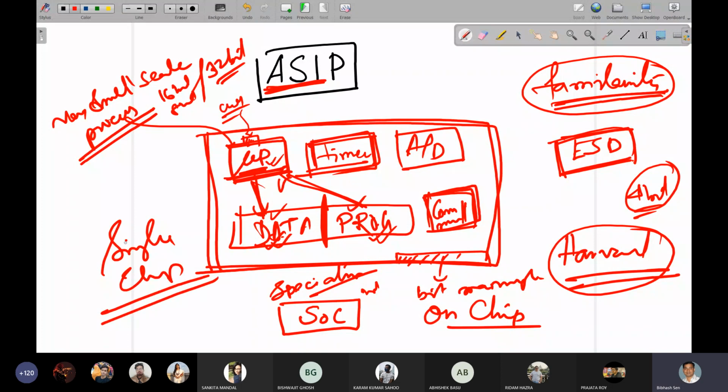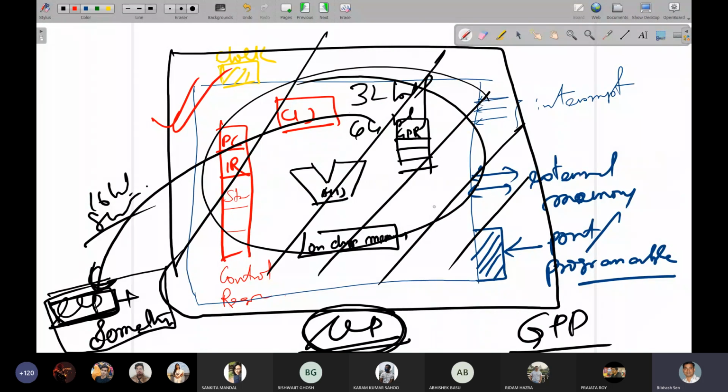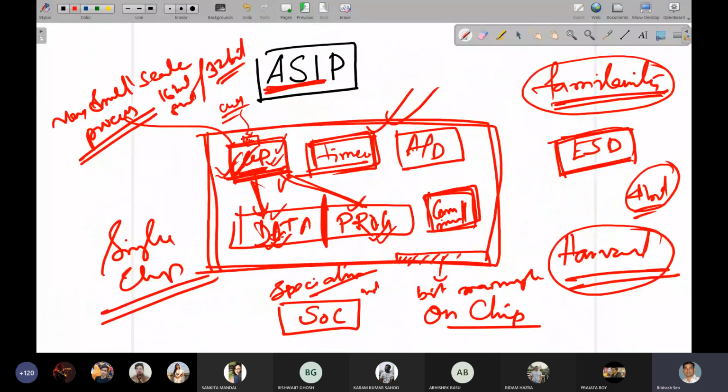Comparing with the microprocessor, you can say, sir, this will be more powerful, but I am telling you it is not more powerful than the general microprocessor, not so flexible. Can you say why? I am telling that here also a microprocessor is there, and apart from the microprocessor, so many things are there. So I can say that in the microcontroller I am getting one microprocessor plus more, so it will be more powerful.